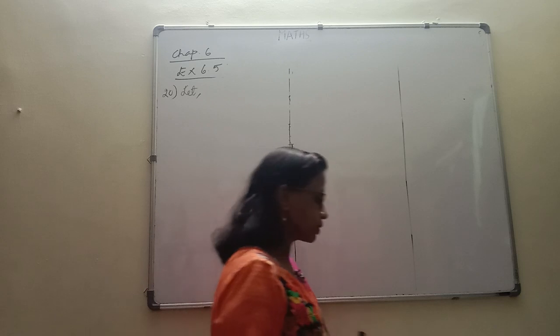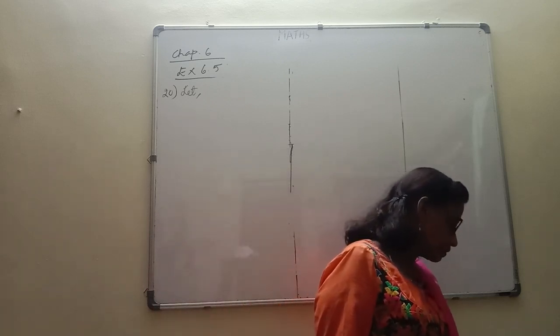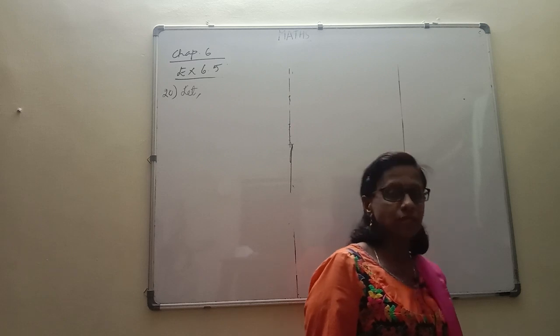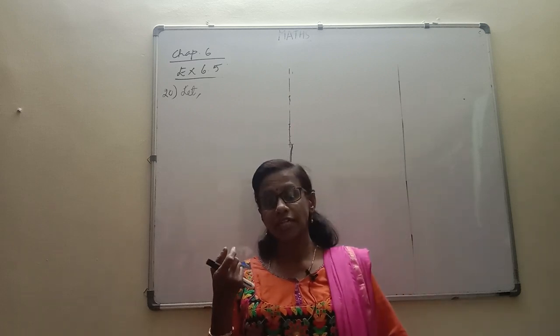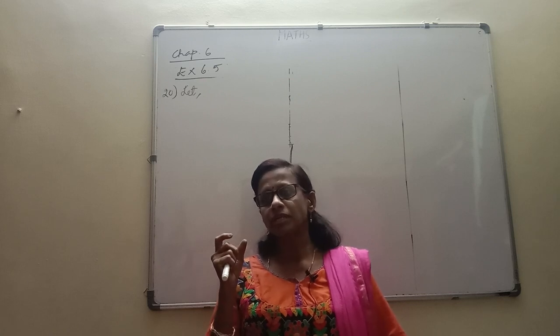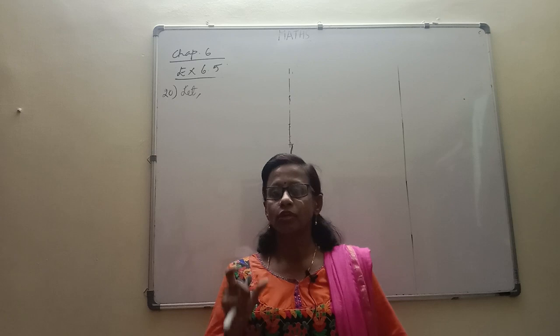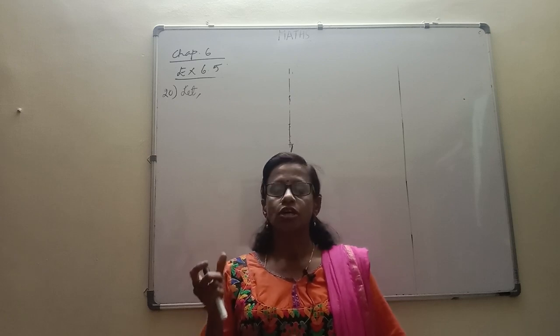Just quickly see what question number 20 says. It says: show that the right circular cylinder of a given surface. Now this word you have to catch: given surface means that the surface area is given. Given means it's constant, it will not change.